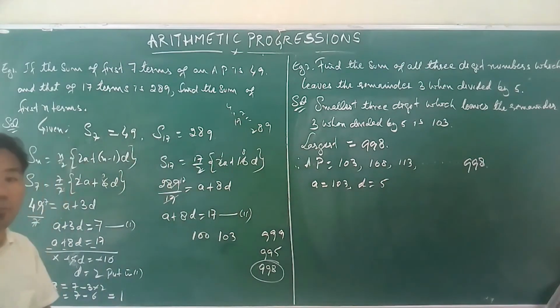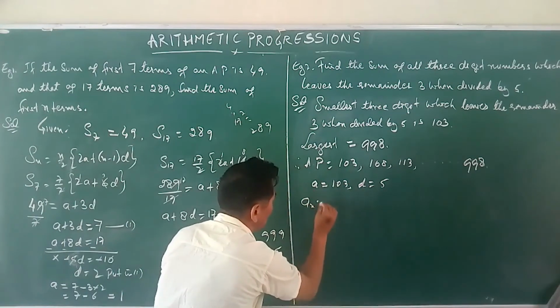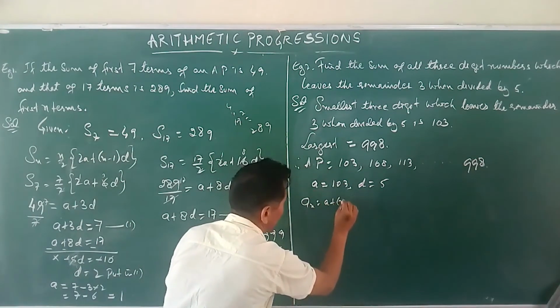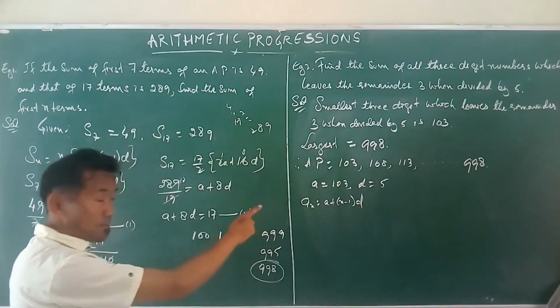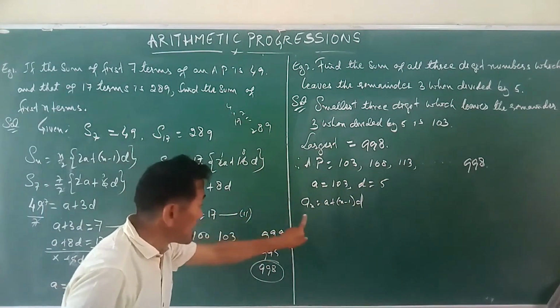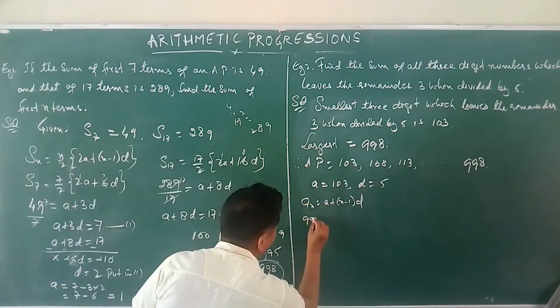For n we use the nth term formula: an equals a plus (n minus 1) d. Here an is the last term, that is 998.